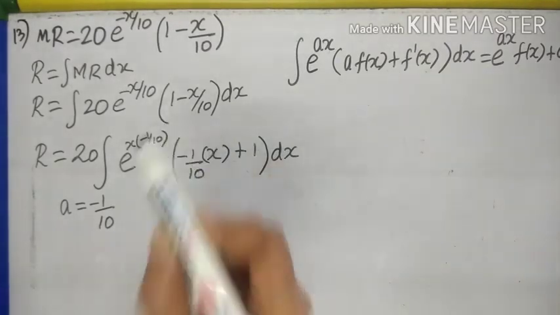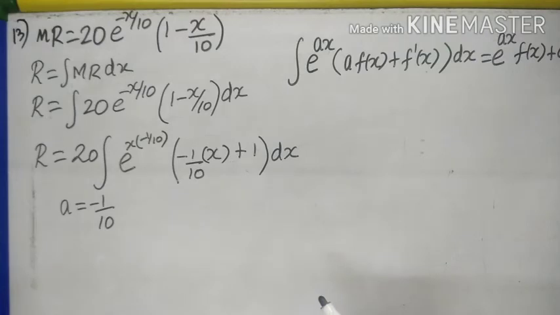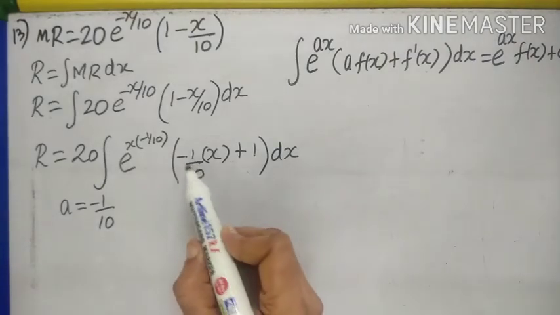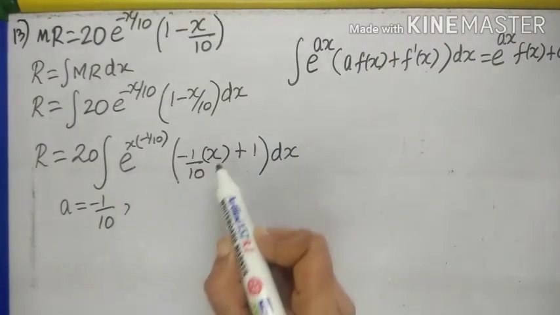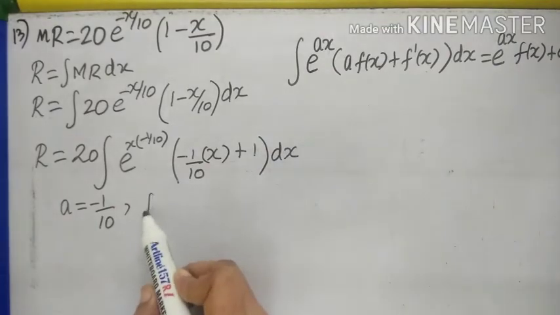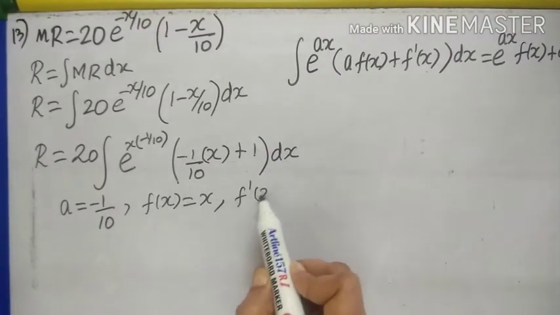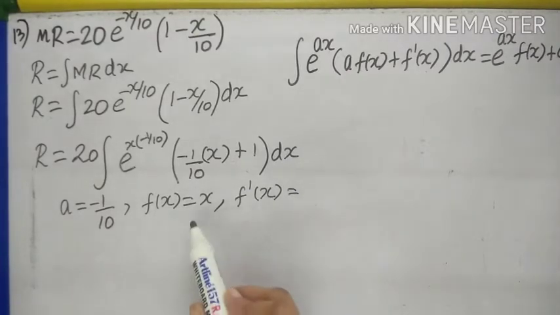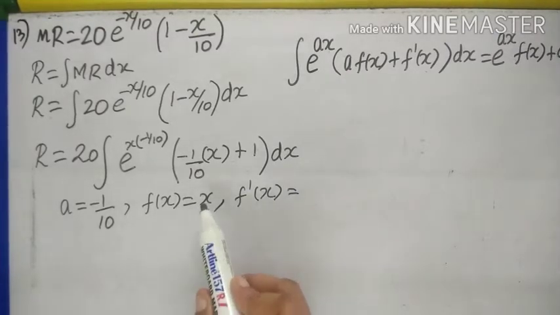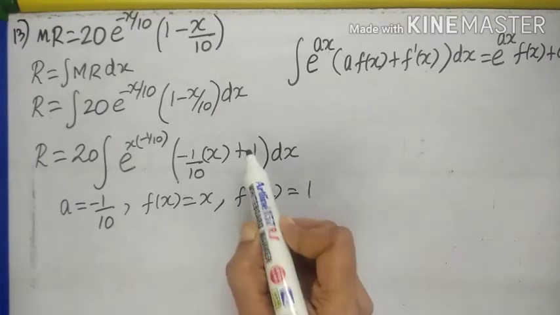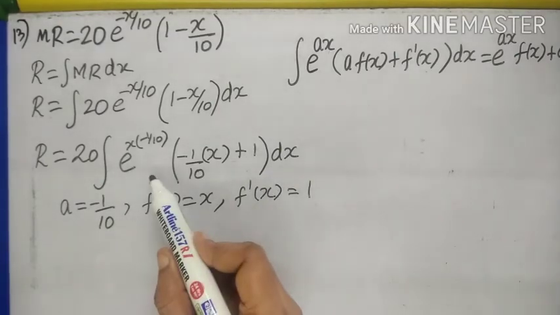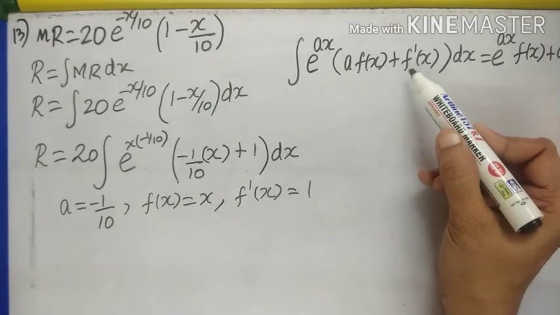Compare this and the given problem. Minus 1 by 10 is a. X will be f of x. So f of x equal to x. F dash of x means differential of x. So x will become 1 and that is also present. So this problem I can exactly compare with this.